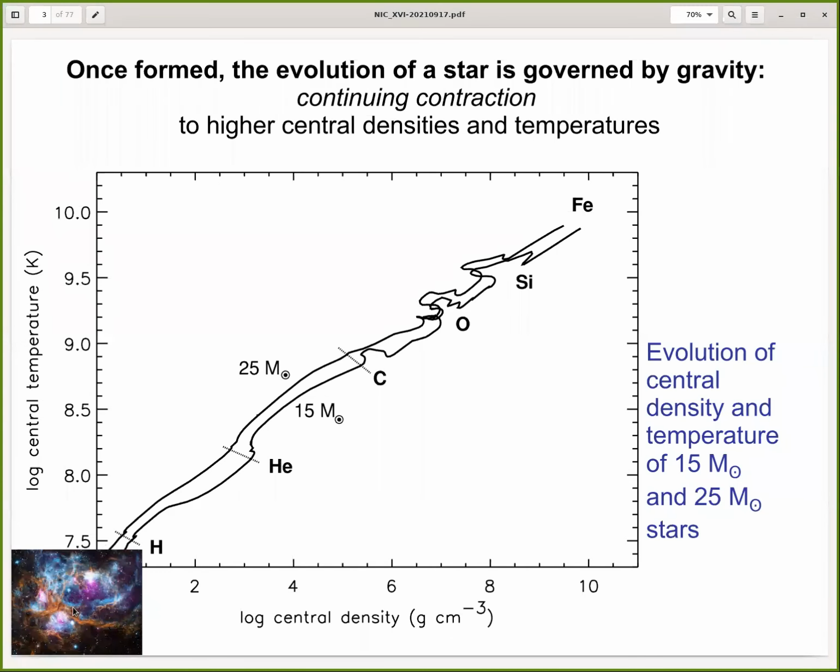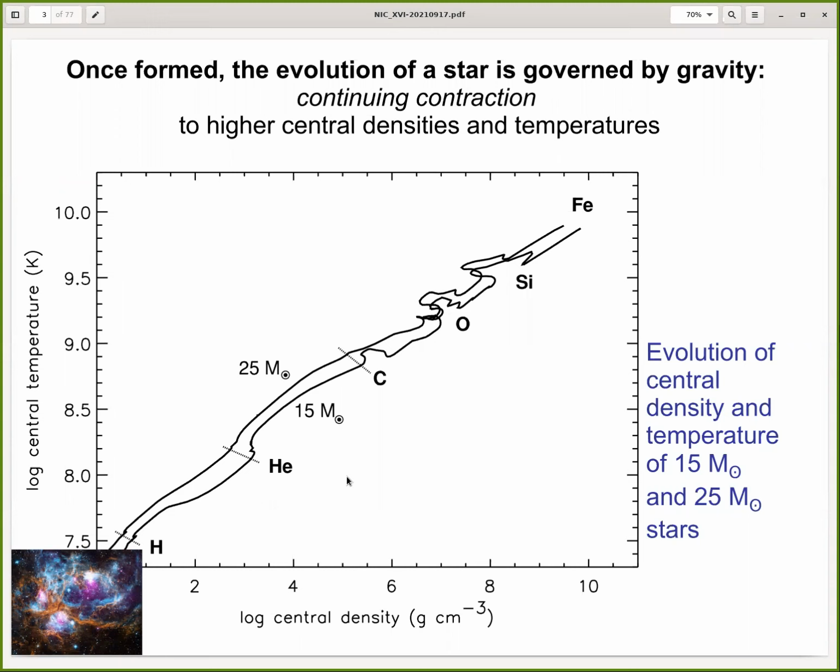So we have this picture again down here in the bottom left corner. And what I show here is a diagram of central density on the x-axis and central temperature on the y-axis, both on a logarithmic scale. And what is shown here is two trajectories of how the central temperature and density of stars evolve.